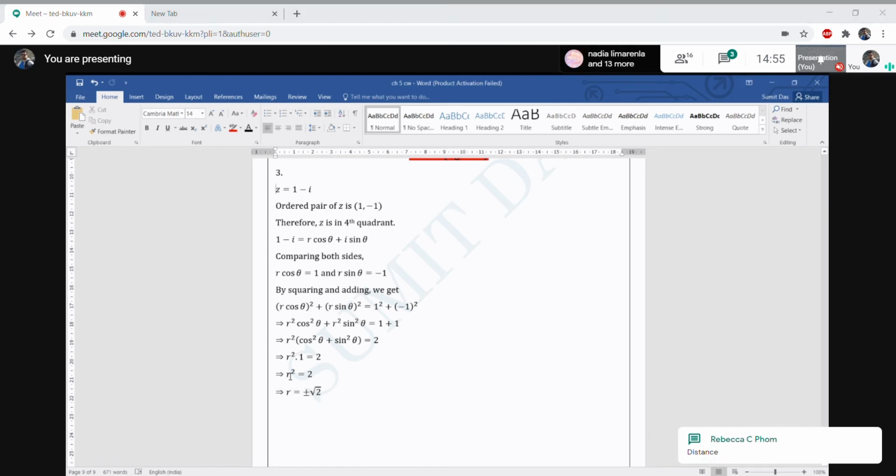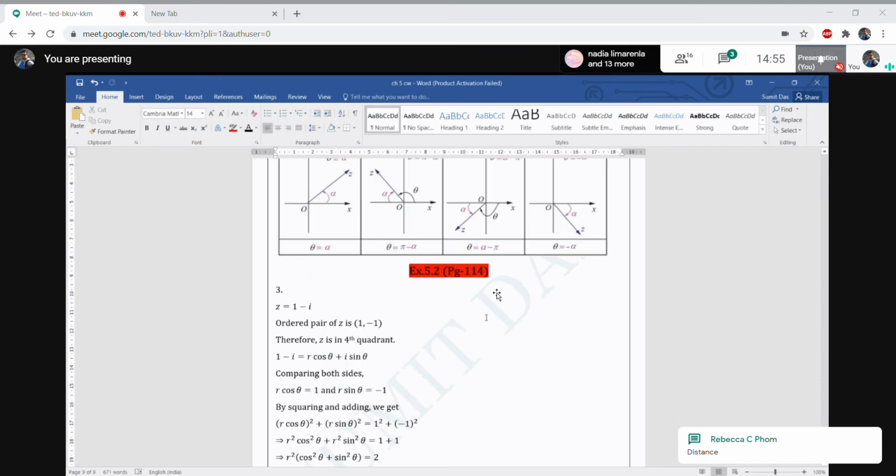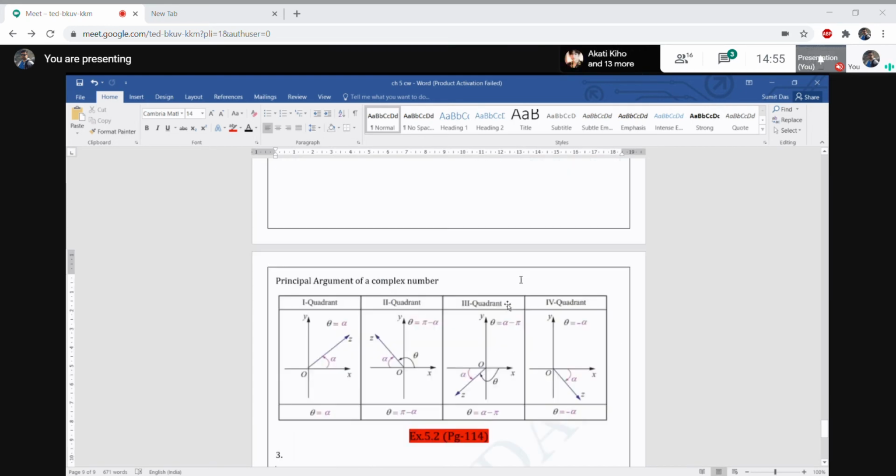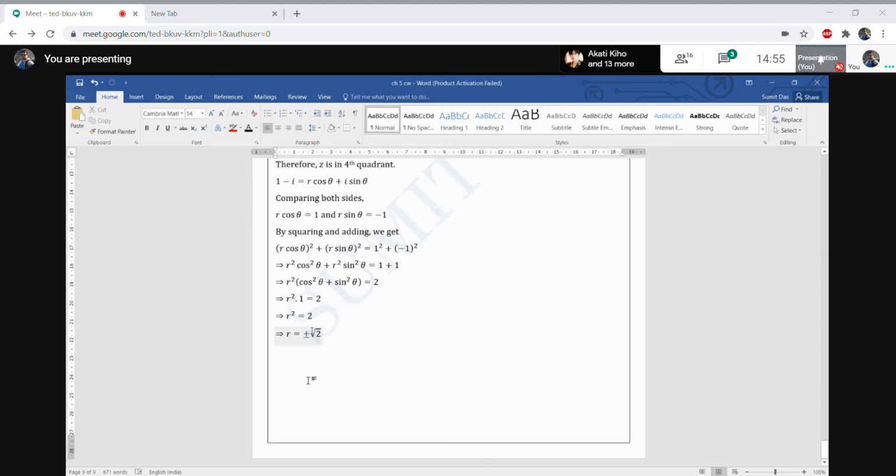R is the distance. I don't have the diagram, so I'm taking this diagram. R is the distance of the point, of the complex number from the origin. So distance never be negative. So R value will be plus root 2, and write down R greater than 0. Okay, so to mention only.